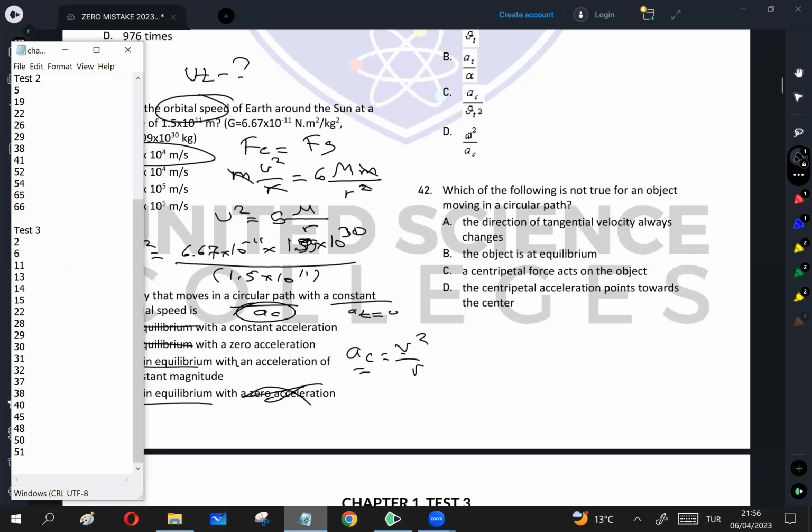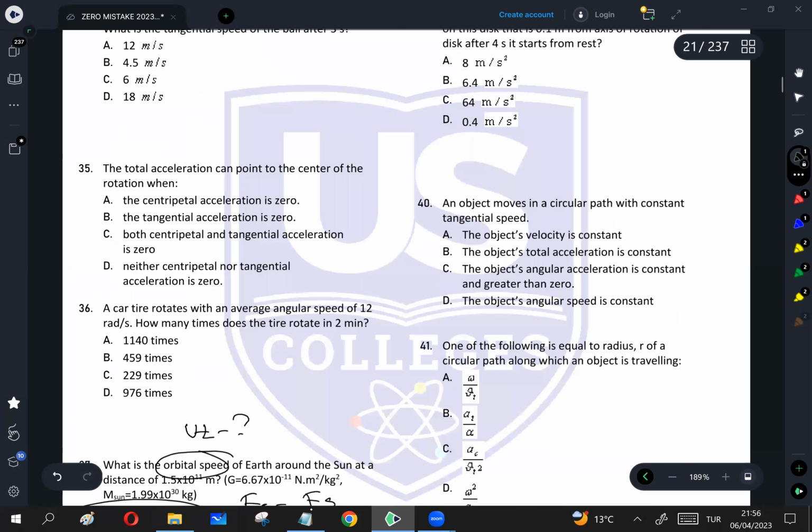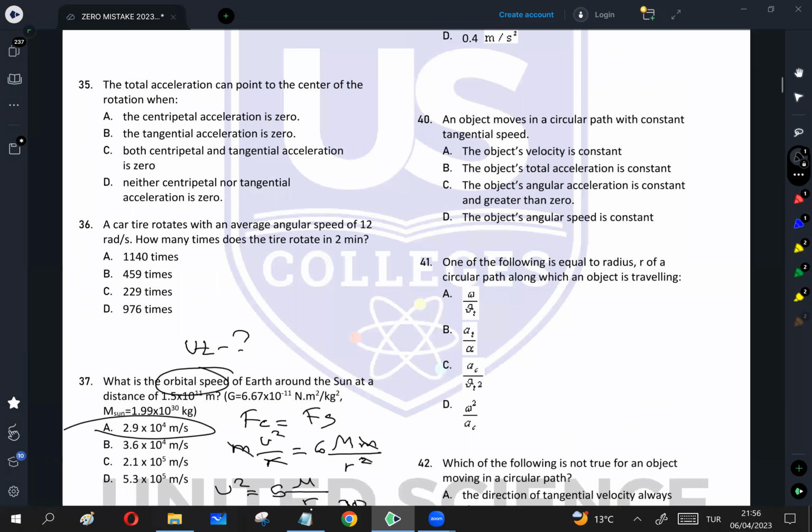Next, 40. An object moves in a circular path with constant tangential speed. Again, circular path means a_c, and constant tangential speed means a_t is zero. Is the object's velocity constant? Velocity is not constant on a circular path. It's impossible because the direction is continuously changing.